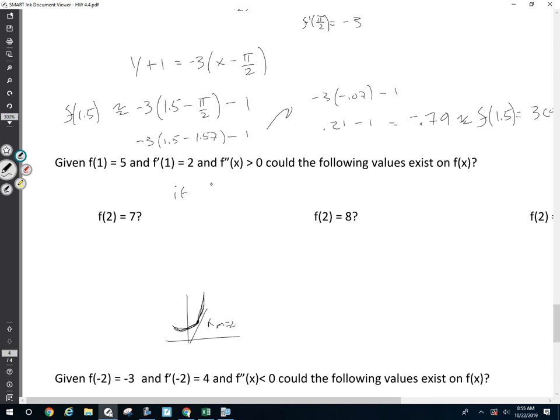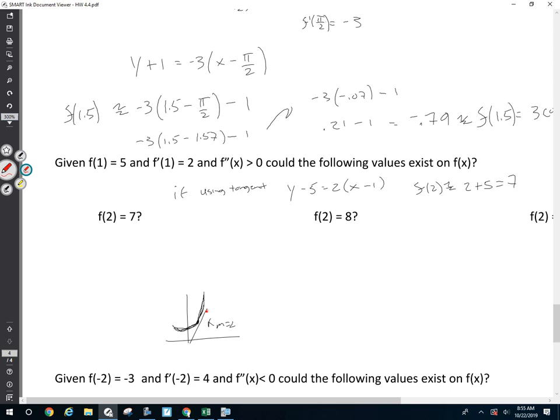If I use the tangent line, y minus 5 equals 2 times x minus 1, for x of 2 it's 2 plus 5, which is 7.